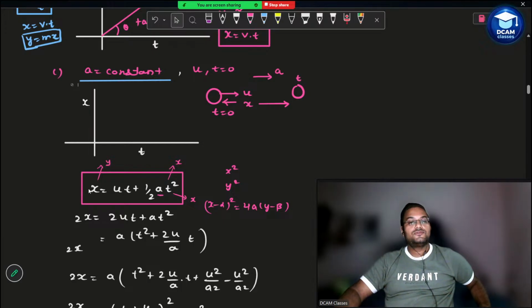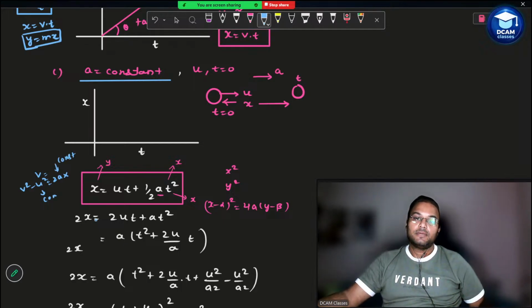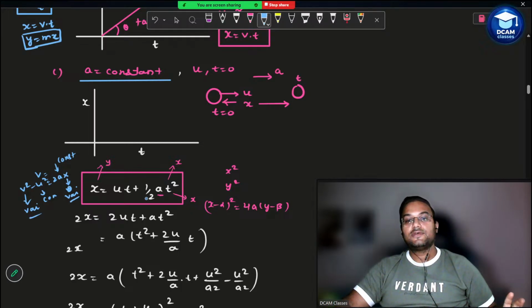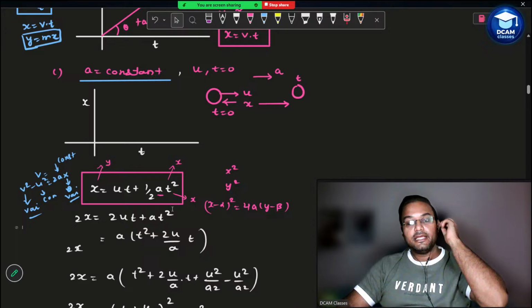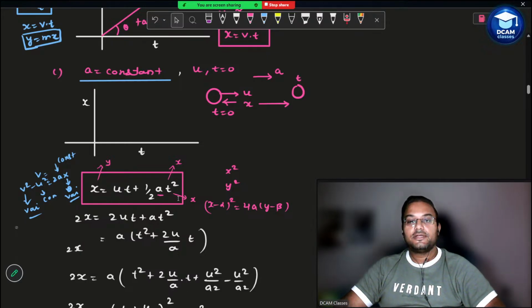I'm not using v square minus u square is equal to 2ax because v is a variable there, and x is also a variable. So that we are not going to use. We want the x versus t graph, so I need to take the equation in which except x and t, everything is constant. So x is equal to ut plus half a t square.